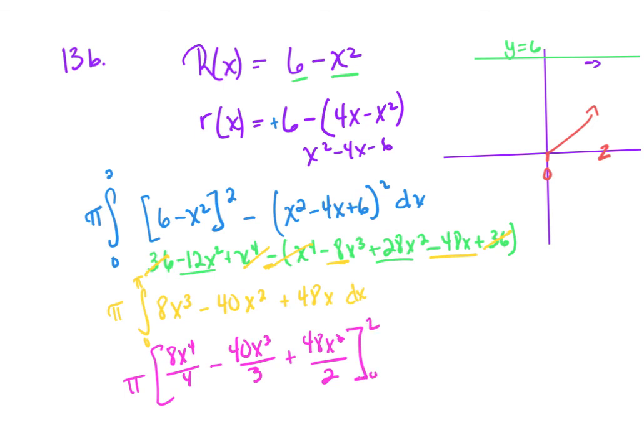And when you plug all of that in, you will end up with 32 minus 320 over 3 plus 96. When you get a common denominator and simplify, that is 64 pi over 3. And that is your final answer there.